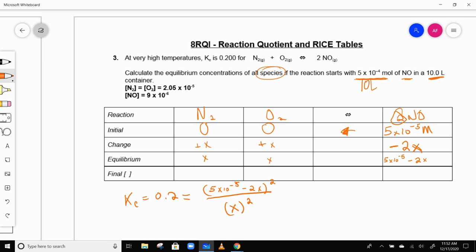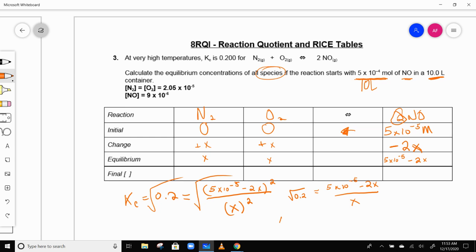So we take the square root of this side, square root of this side, and we get the square root of 0.2 equals (5 times 10 to the negative fifth minus 2x) over x. And then basically from here, we're just doing algebra. We're going to be solving for x.